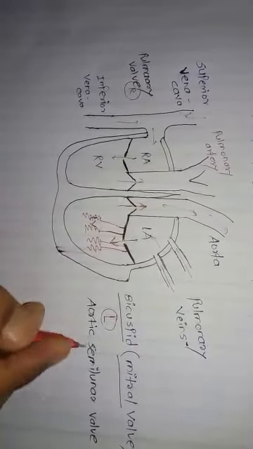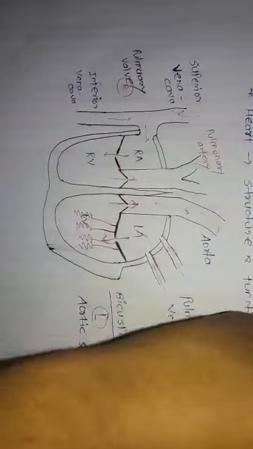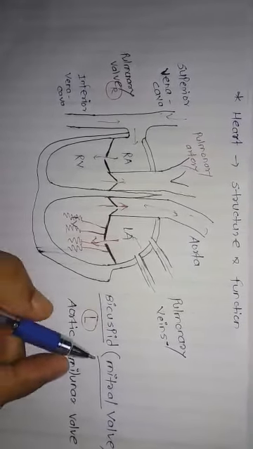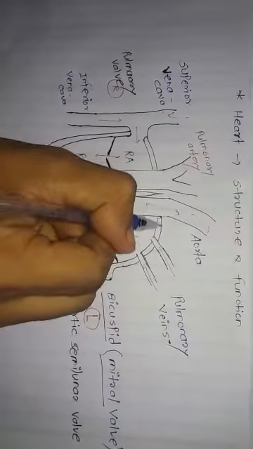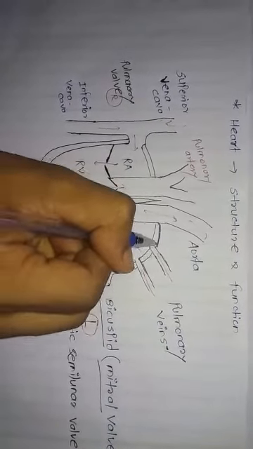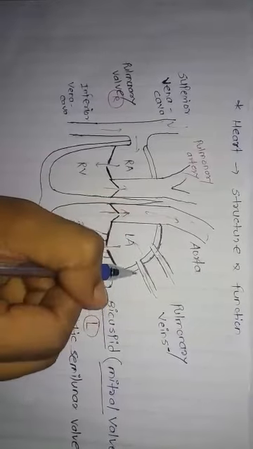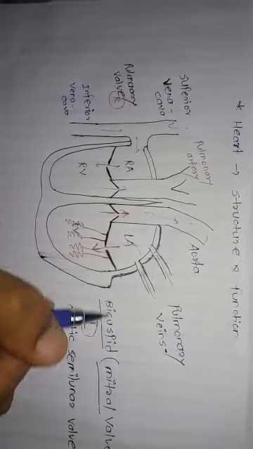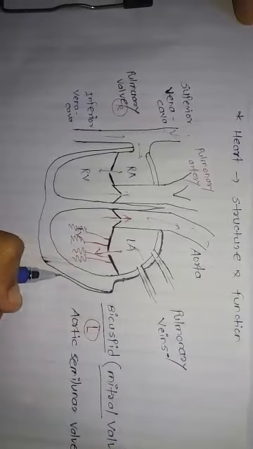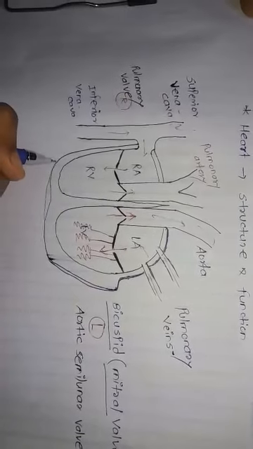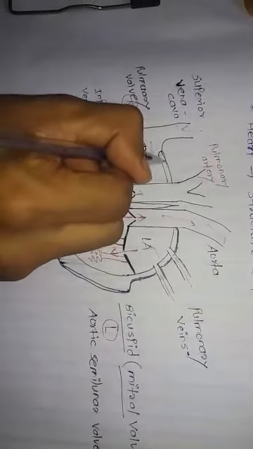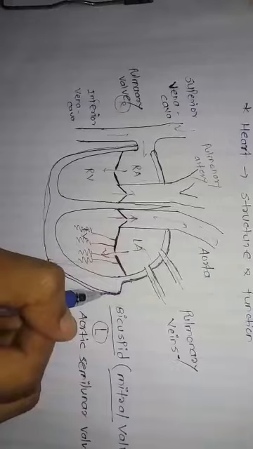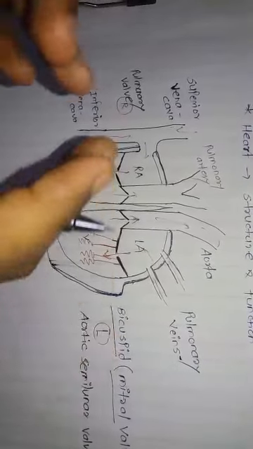So next point is layers of the heart. We will learn about the basic layers surrounding the heart. On the outer side we have a fibrous layer made up of tough fibrous connective tissue all around the heart. This tough fibrous connective tissue protects the heart from overexpansion.